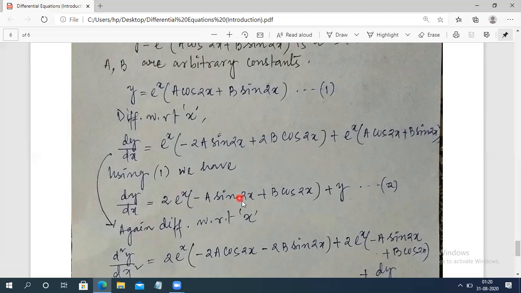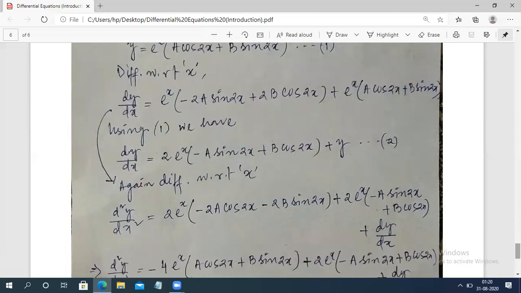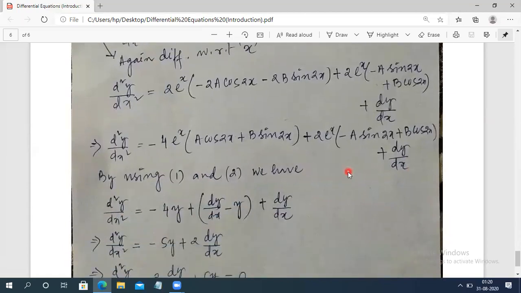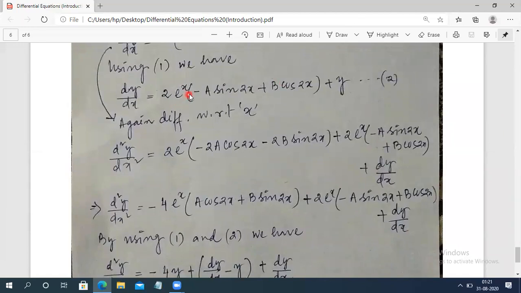If we take this y to the left hand side, we will get the value of 2e to the power x (minus a sin 2x plus b cos 2x). You can see that in place of 2e to the power x (minus a sin 2x plus b cos 2x), this term can be written as dy/dx minus y.